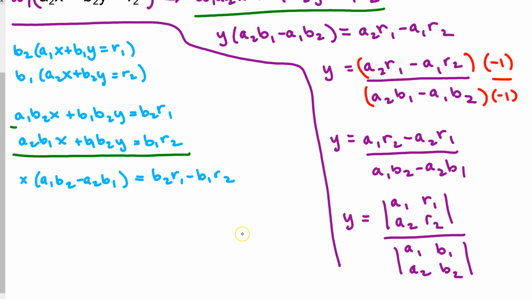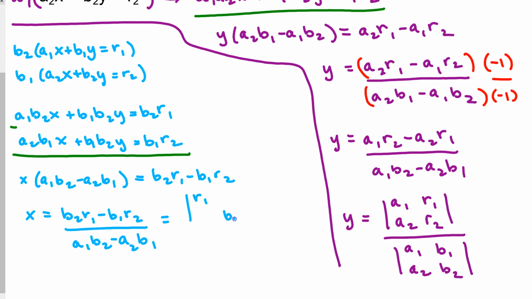And then if I divide to get x by itself, these are also 2x2 determinants. So the numerator could be thought of as R1 and B2 on the main diagonal, and R2 and B1 on the other diagonal. And then the denominator, A1 and B2 on the main diagonal, A2 and B1 on the other diagonal.